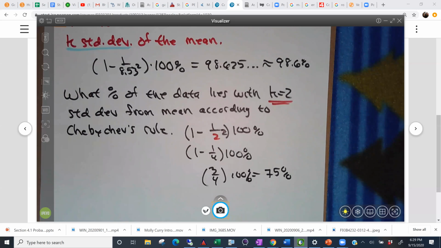Doesn't matter what it is, you have to have at least 3/4 of the data within 2 standard deviations. What that's telling you is if you're more than 2 standard deviations away from the mean, you're starting to become an unusual observation.